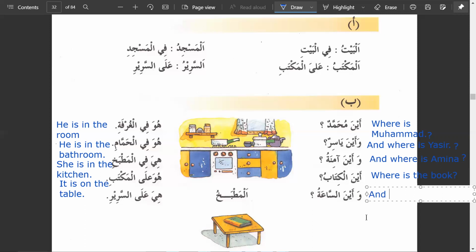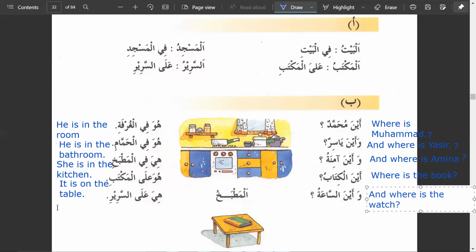And where is the watch? Okay, where is the watch? Okay, what's the answer?